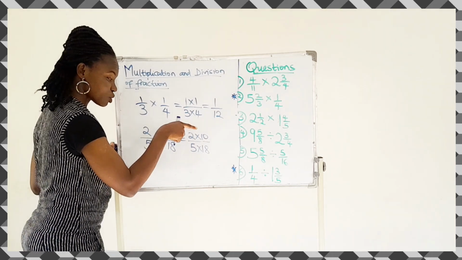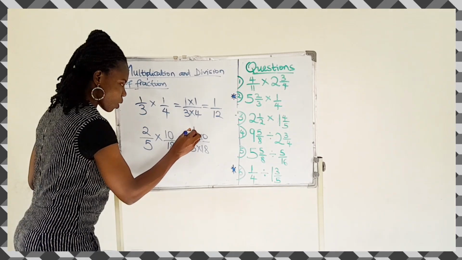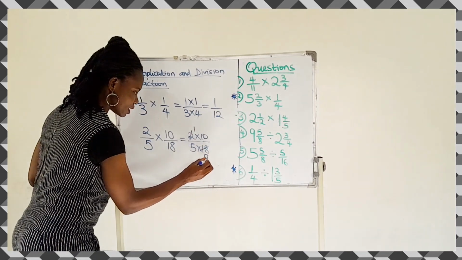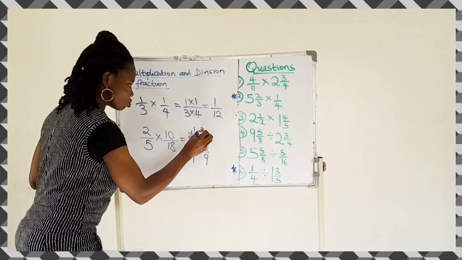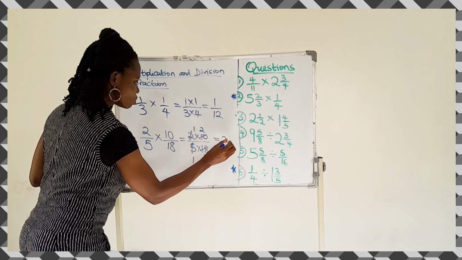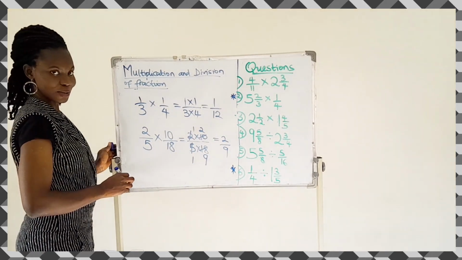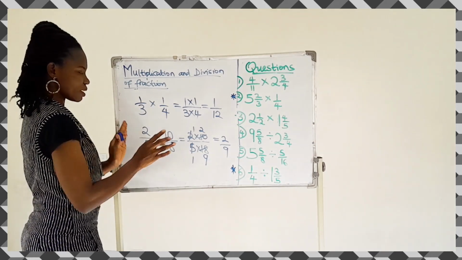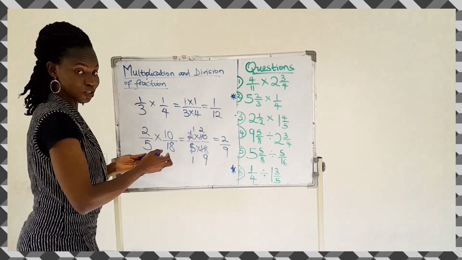Can any numerator divide a denominator? Yes. 2 can go here, 1, and 2 divides 18 to give 9. 5 can go here, 1, and 5 divides 10 to give 2. So at the end, you do 1 times 2, giving me 2 over 1 times 9, 9. Is that understood?